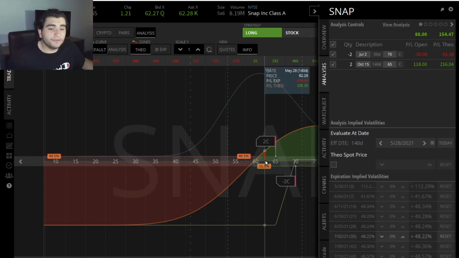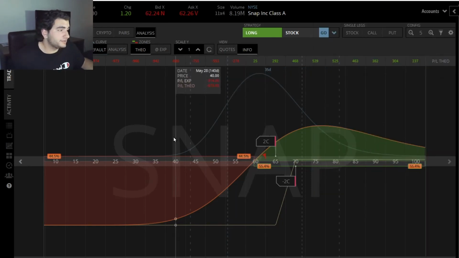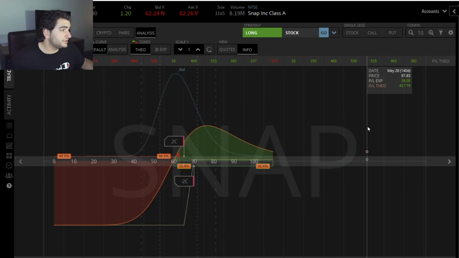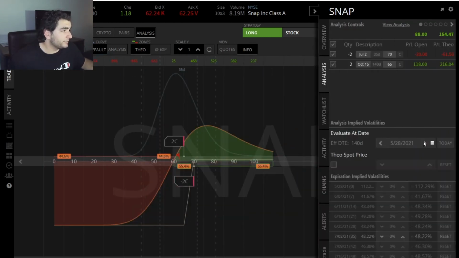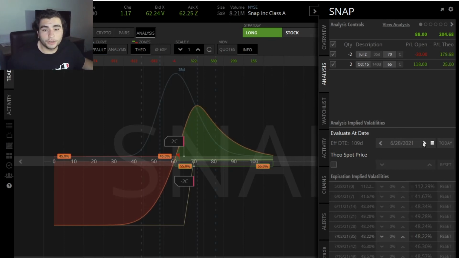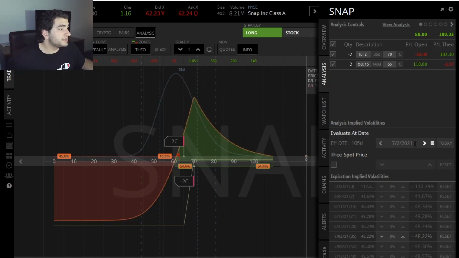Let's see how this would look as time progresses, because options are decaying 100% of the time. As you see, our profit and loss graph gets steeper and steeper as it becomes more of a directional trade as you approach that expiration.